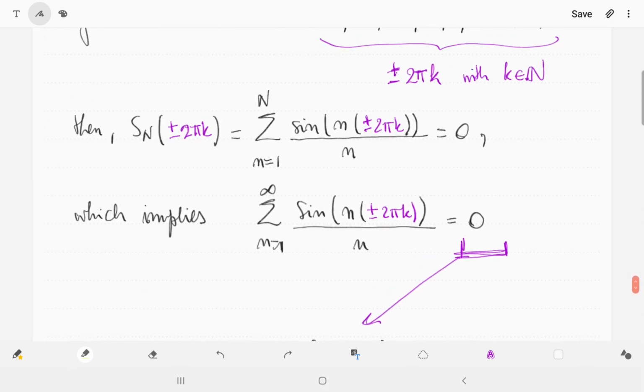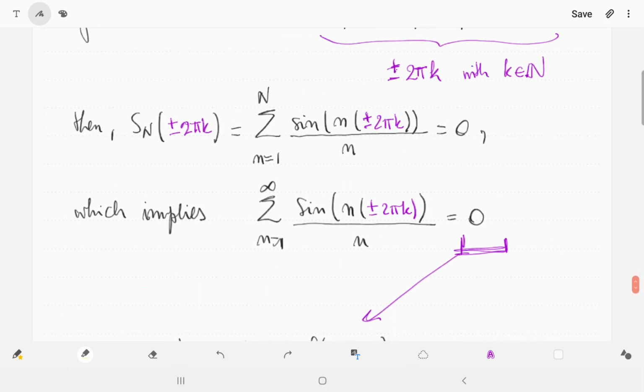So we have the partial sums in these complicated points, let's say in these points of discontinuity of f. The partial sum is 0, and then of course the final limit, the complete series, is 0 in these special points. And remember that our function in the points of discontinuity doesn't take the value 0.